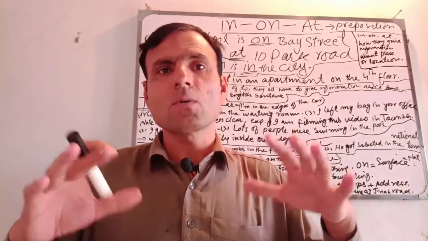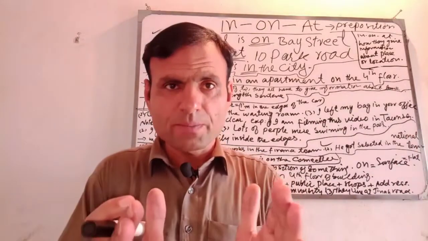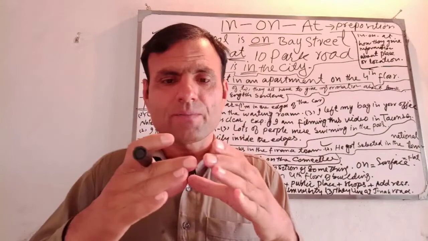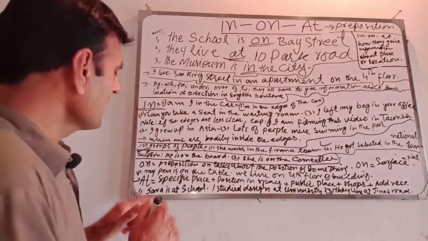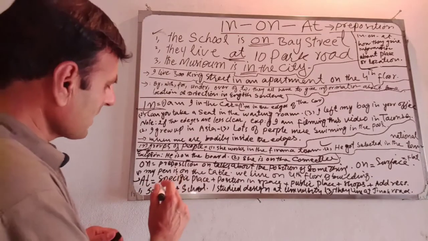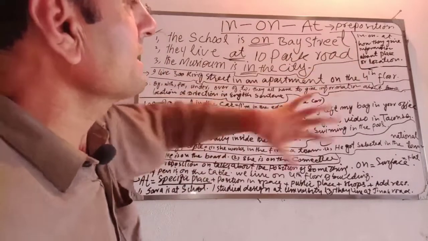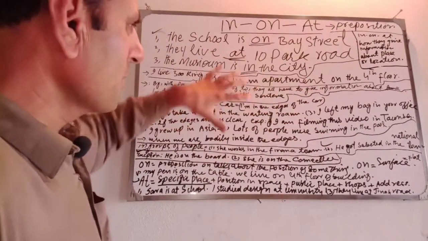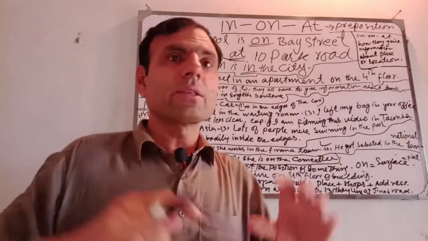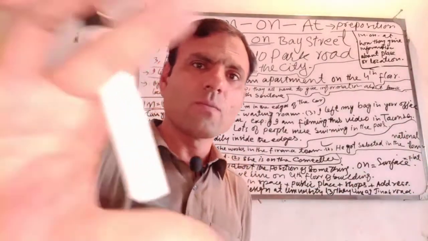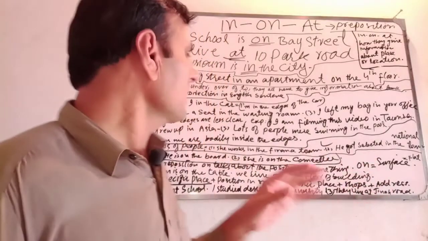It tells us about accuracy, very specific, like a concentration. At tells us about the specific place. For example, this is our whiteboard, a specific place in this room. My camera is adjusted on a specific place.